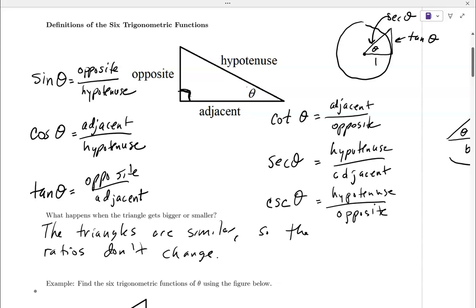I cannot put one thing into a function and get two things out. So if I'm going to define it this way, then I better make sure that my ratios don't change. And they don't because we have similar triangles. That's the reason why I'm emphasizing that now. It's important for functions: one thing goes in, one thing comes out.